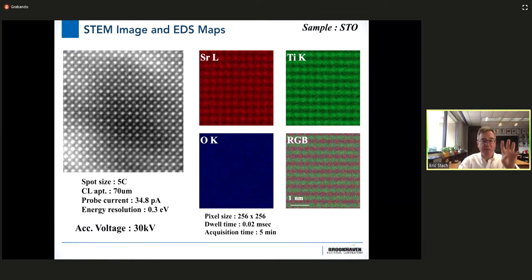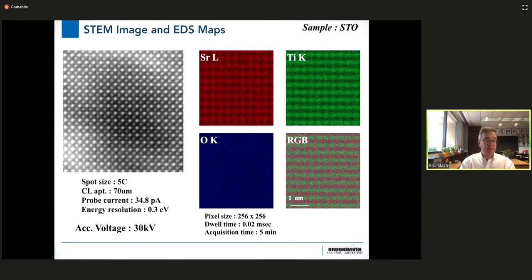You can map where the strontium atoms are, where the titanium atoms are, where the oxygen is, and via an overlay see that you can actually detect at the atomic scale. This is actually done at 30 keV in our instrument here. So even at low voltages, this is possible.